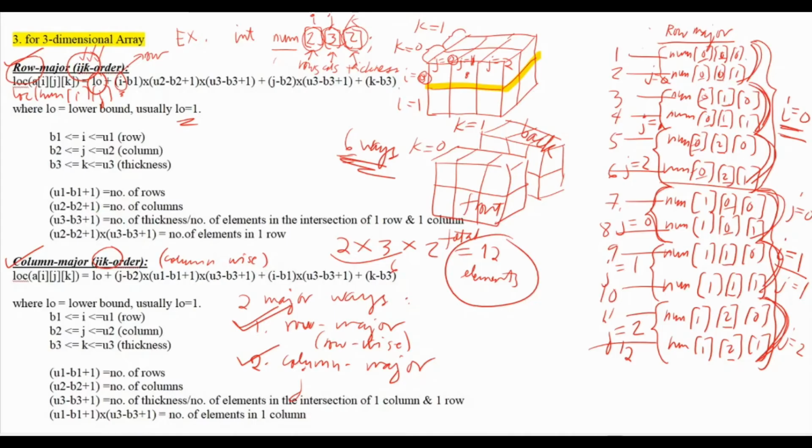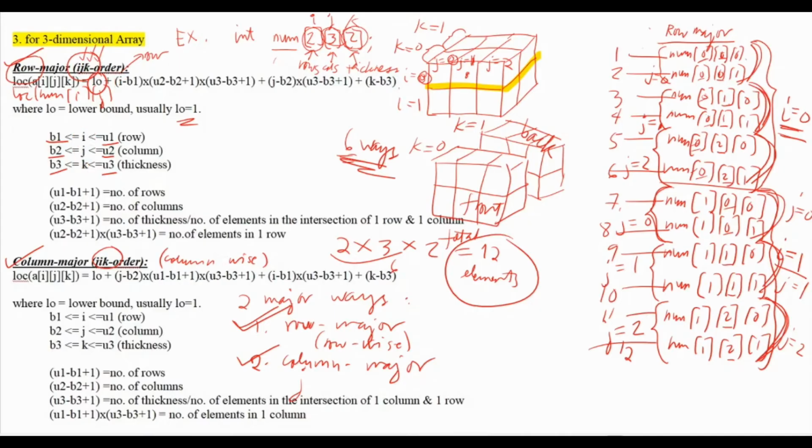And then we subtract the base of I. So again, since we have 3 indices, I, j, k, the base value of I is denoted as B1 and the upper is U1. And the base for J is B2, the upper value for J is U2, and the base for K, the thickness index, is B3, and the upper value is U3.